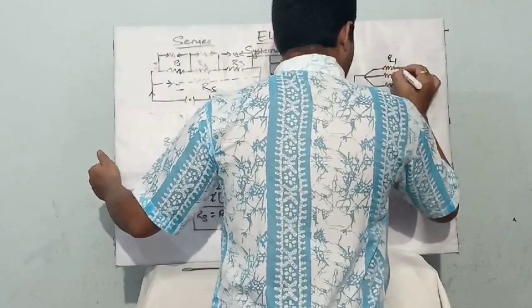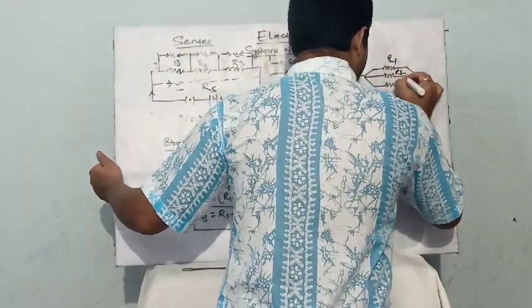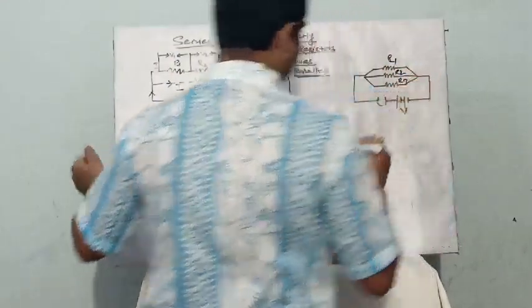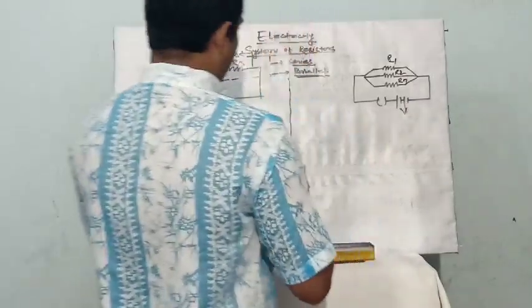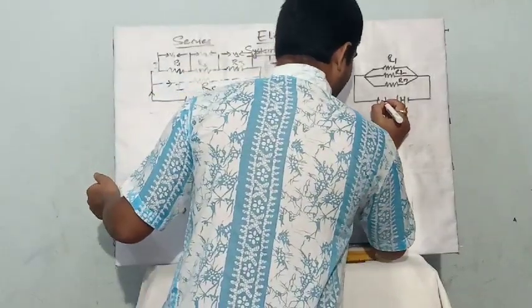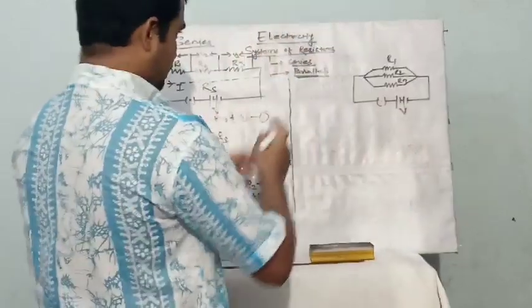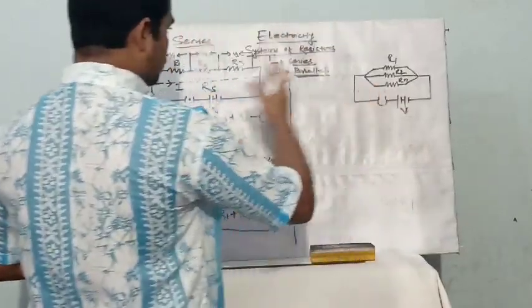R1, R2 and R3 are connected in parallel. So the properties of the parallel combination are, when the switch is on, जब स्विच हम यहाँ पर क्लोज कर देंगे.